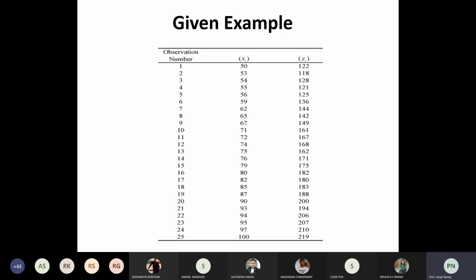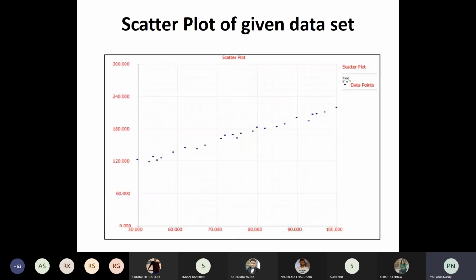Multiple linear regression I'll teach you tomorrow along with logistic regression. Logistic regression is not a regression, it is a classifier, so we'll take it up. But here you will see x's and y's are given. Firstly, whatever data set you have, you just do the scatter plot.